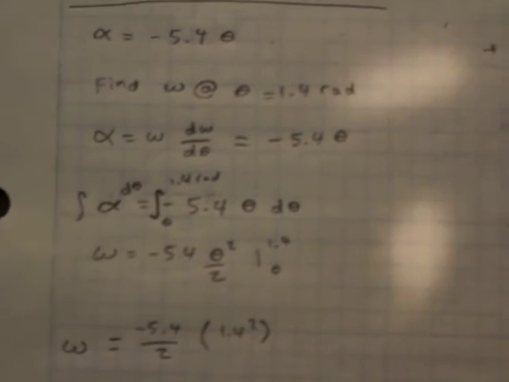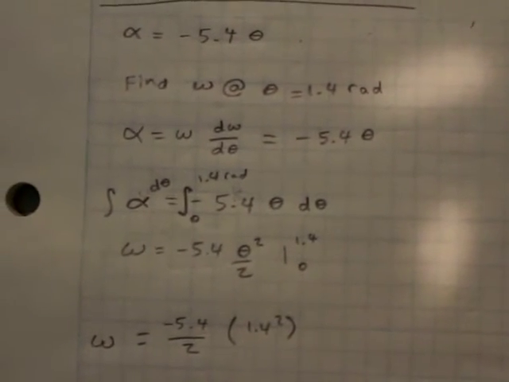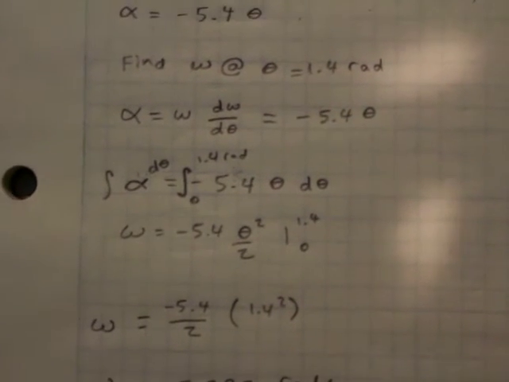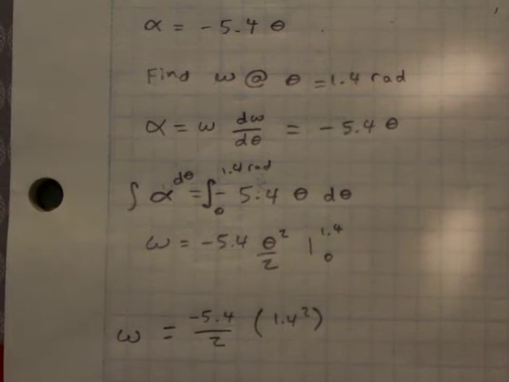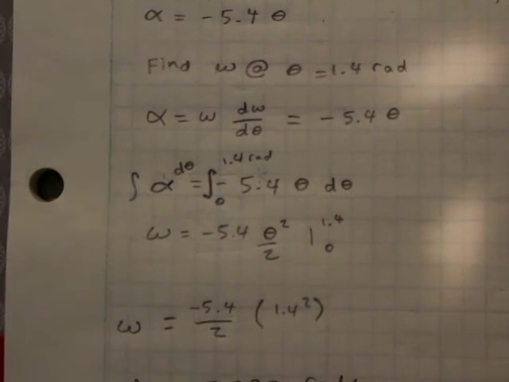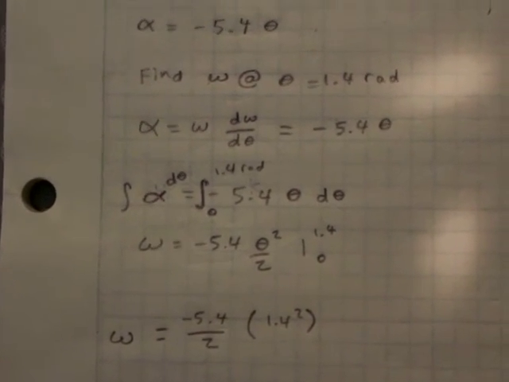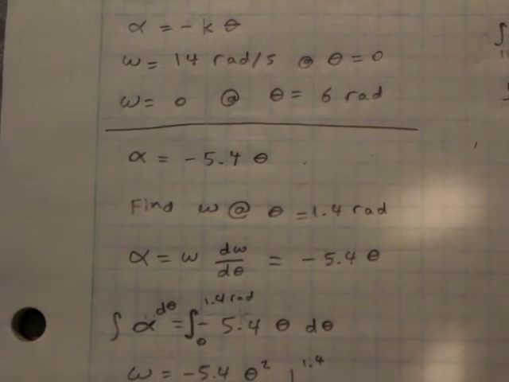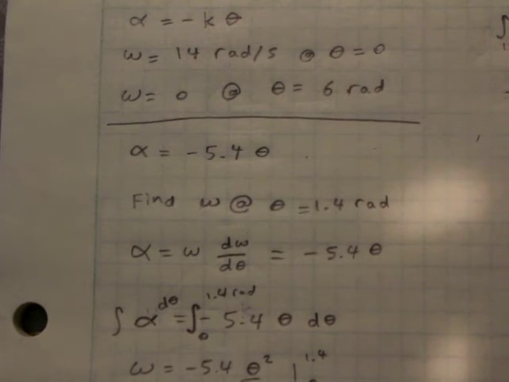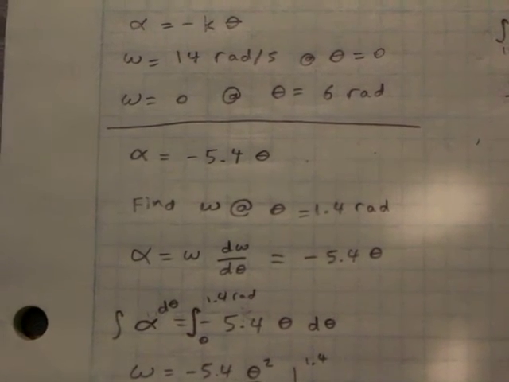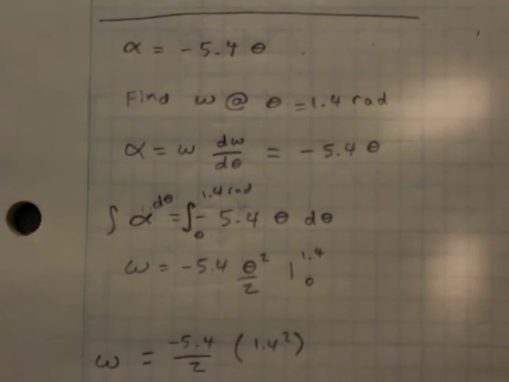So we took the integral of alpha, which turns into omega, and then the integral of negative 5.4 theta with regard to theta, between 0 and 1.4 rad. We didn't really specify a starting point, but I'm just going to assume that our starting point is theta equals 0 and not omega equals 0 or anything.